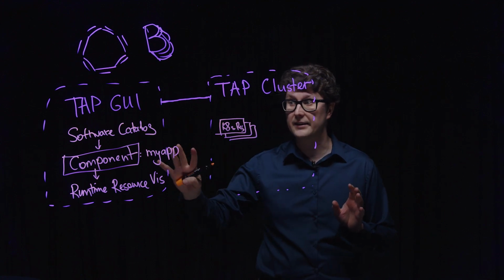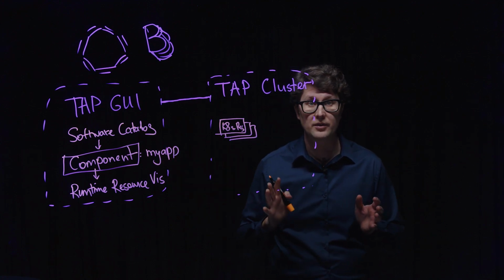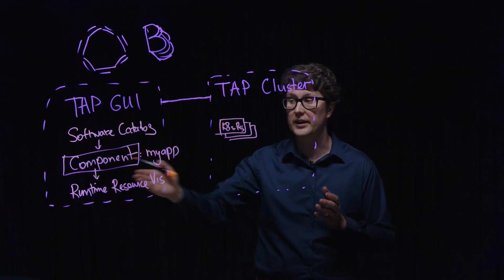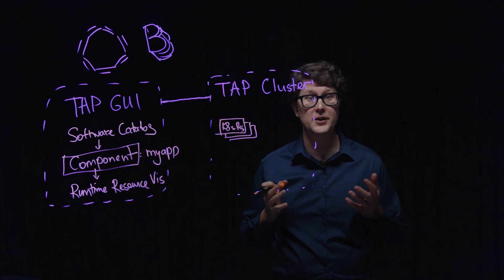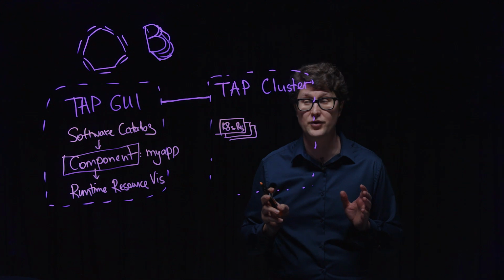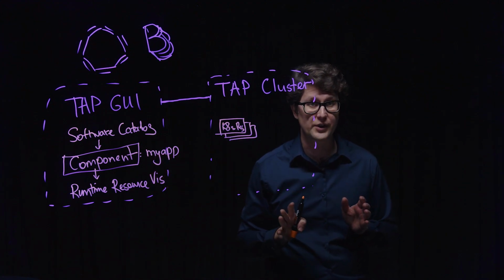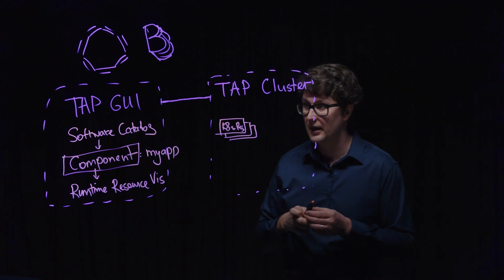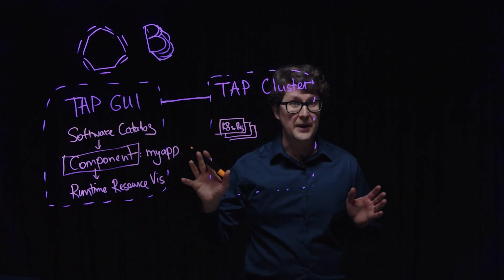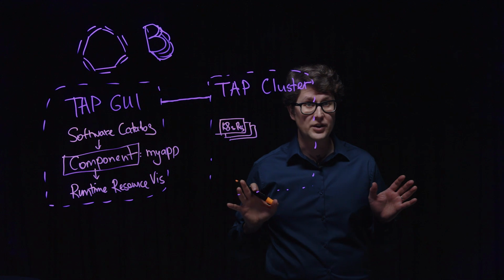And the important part is that if we want our Runtime Resource Visibility plugin to visualize these resources, we need to make sure that the annotation that the resources have is matching. So it can be any matching annotation that we want.